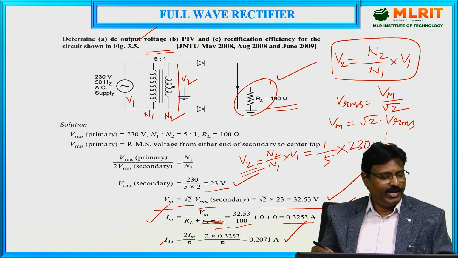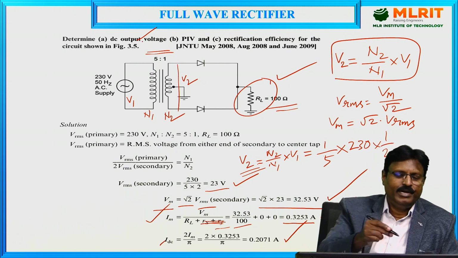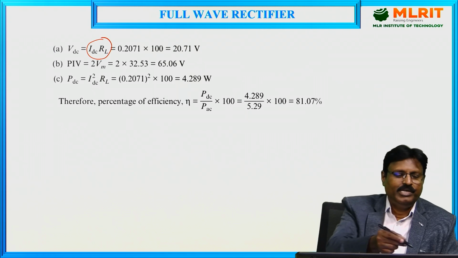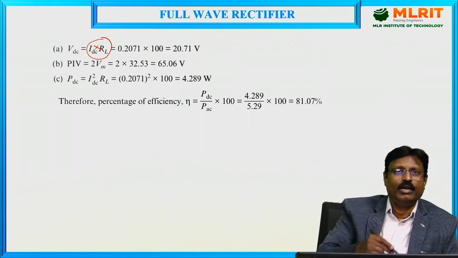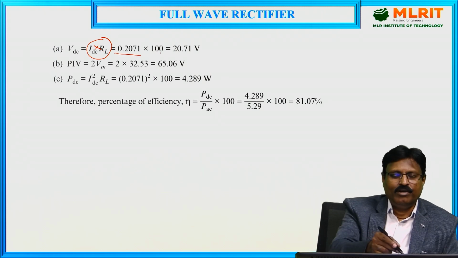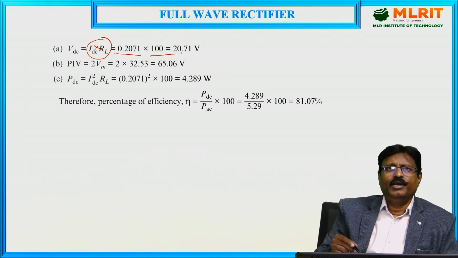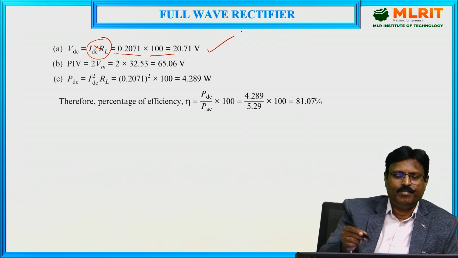That is the value of IDC. But what is the question here? You need to obtain the DC output voltage. So VDC can be written as IDC into RL. IDC value is 0.2071 and RL is 100 ohms. So 0.2071 into 100, you will be getting 20.71.